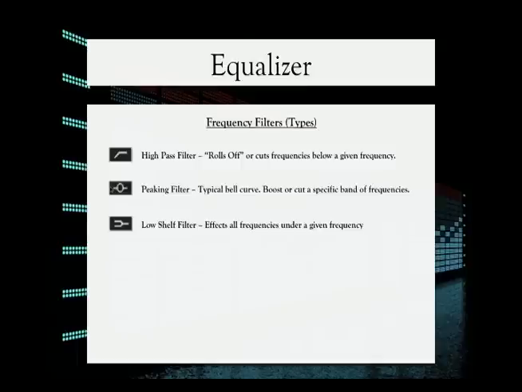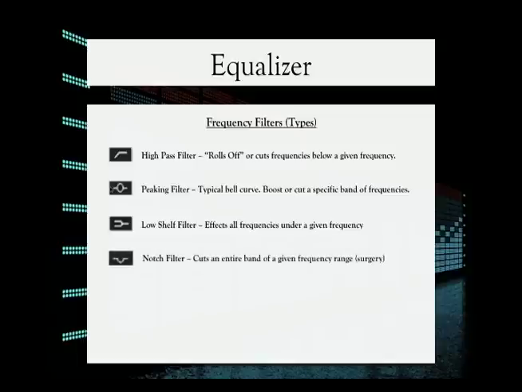So let's say, for example, you set your frequency at 100 hertz. If you have a low shelf on and you decide you're going to boost those frequencies, everything under 100 hertz gets boosted. If you lower your low shelf, everything under 100 hertz gets cut. So your low shelf, whenever you hear these shelving frequencies, especially on a low shelf, everything beneath that frequency gets impacted by whatever you're doing, boosting or cutting.